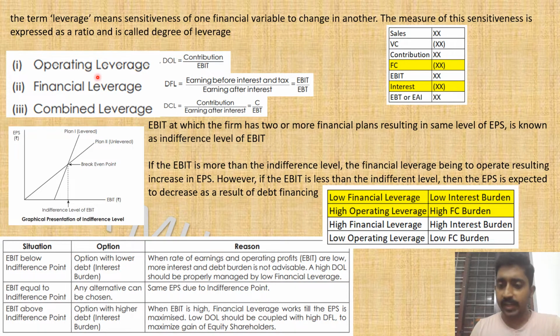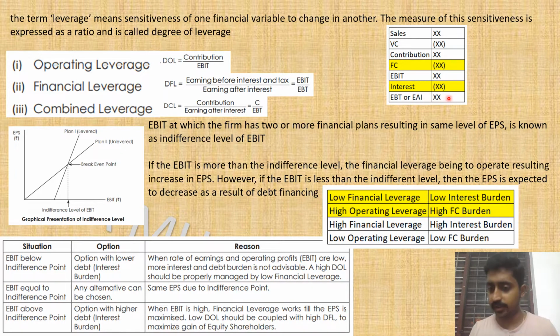What is operating leverage? We call it DOL, the degree of operating leverage. We have the P&L like this: sales minus variable cost gives you contribution. Contribution minus fixed cost gives you earning before interest and taxation, EBIT. Next, if you reduce the interest paid on the debt fund, we get earning before taxes.